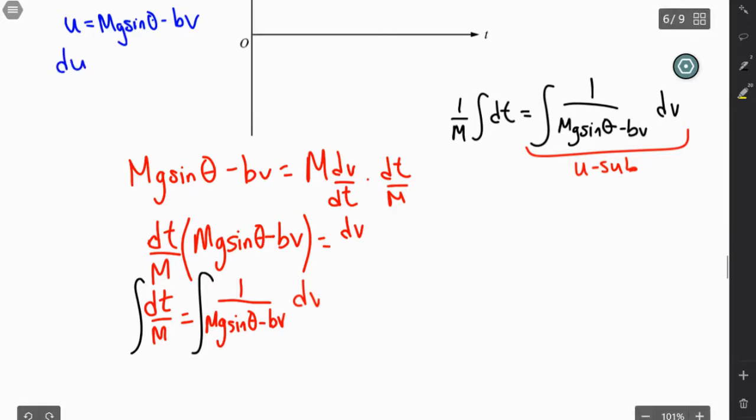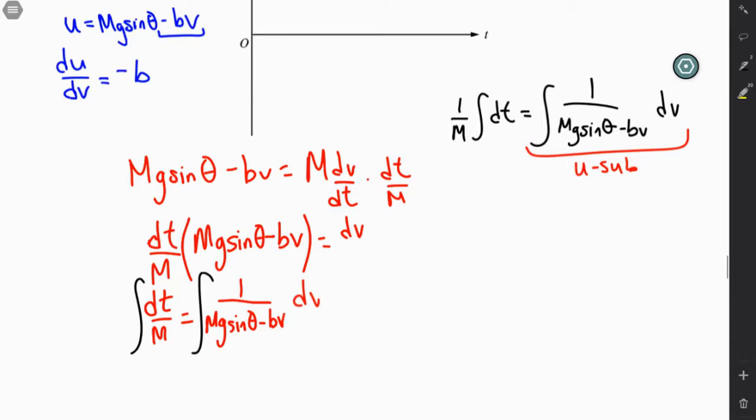So du dv equals negative b, because mg sine theta for our problem is essentially a constant. This is really the only thing I'm going to take the derivative of, where the derivative of a line is just simply the constant.